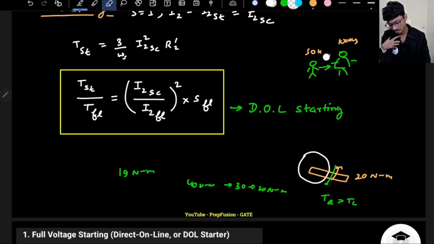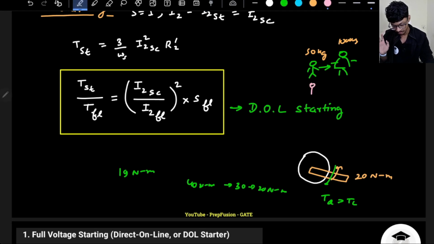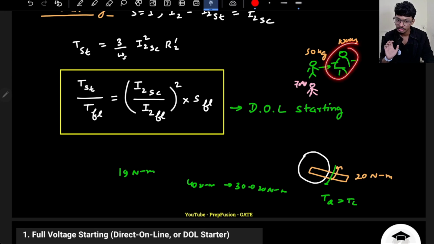So I'm not able to push him. Generally, the trend is that if the weight is higher, that person is stronger. Now if some other person comes, let's say his weight is 70 kg, and he pushes this guy, then this guy will be able to move. Then there is no problem. So you have to produce enough initial torque to move this guy.